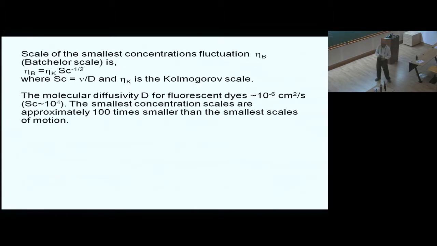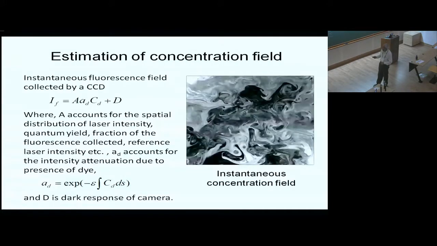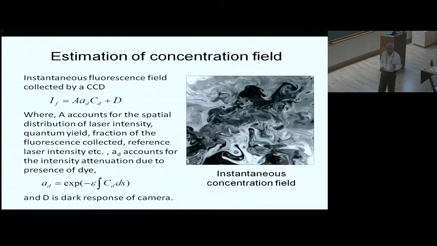And of course, in this example, you can see that you get extremely sharp gradients. These sharp gradients are because we are using salt water here, which has a certain diffusivity, and the fluorescein dye itself has a certain diffusivity. The hope is that the diffusivity of these two is similar, and the diffusivity of both salt and fluorescein is very, very small, and that's why you get these extremely large gradients in intensity.